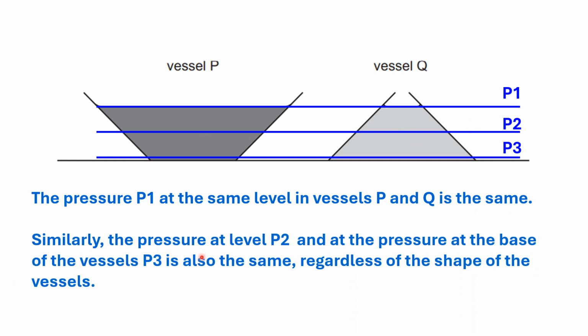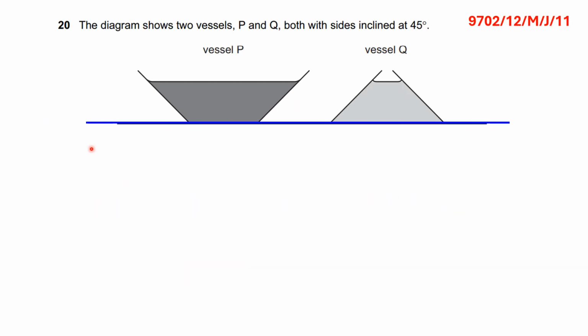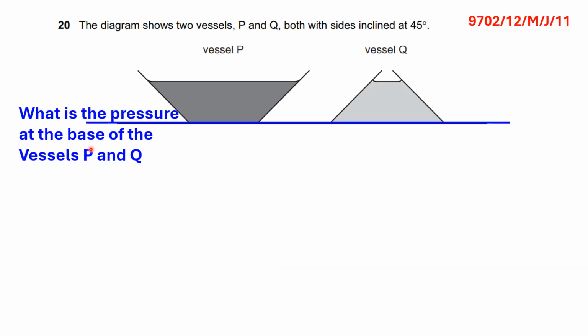Similarly, the pressure at level P2 and the pressure at the base of the vessels P3 is also the same, regardless of the shape of the vessels. So here the question is asking what is the pressure at the base of the vessels P and Q.